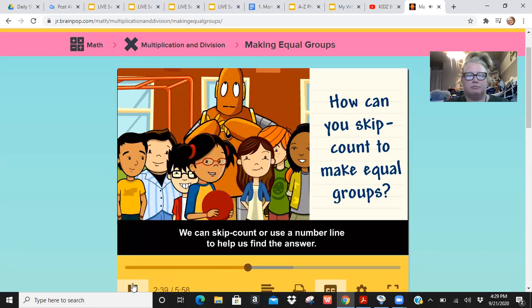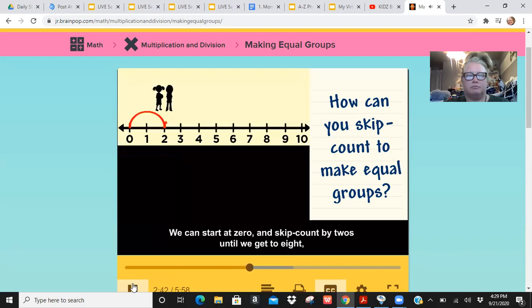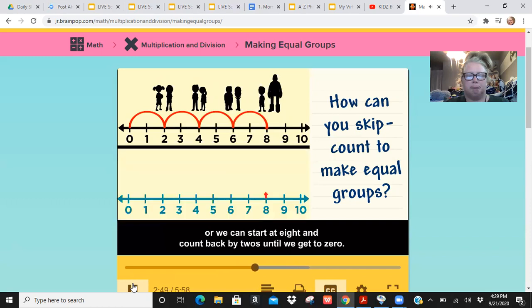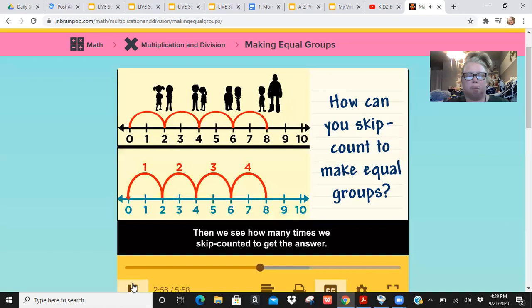We can start at 0 and skip count by 2s until we get to 8. Or we can start at 8 and count back by 2s until we get to 0. Then we see how many times we skip counted to get the answer. I counted 4 times, so the answer is 4.